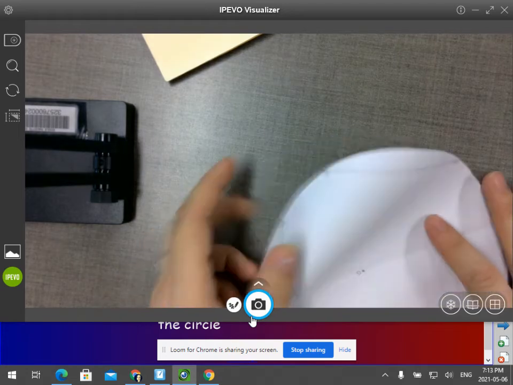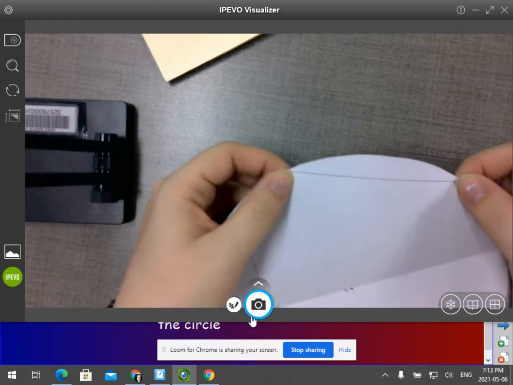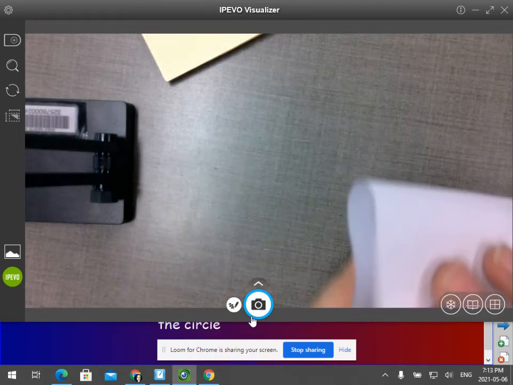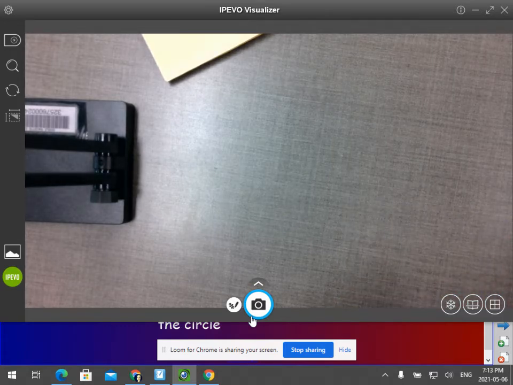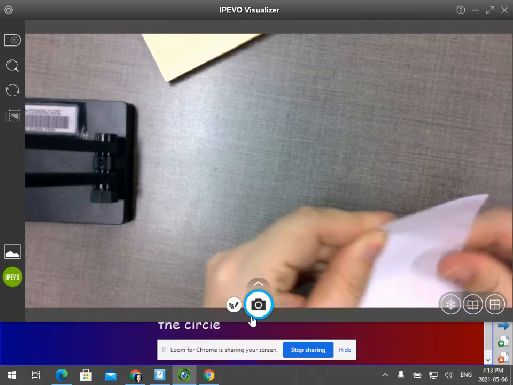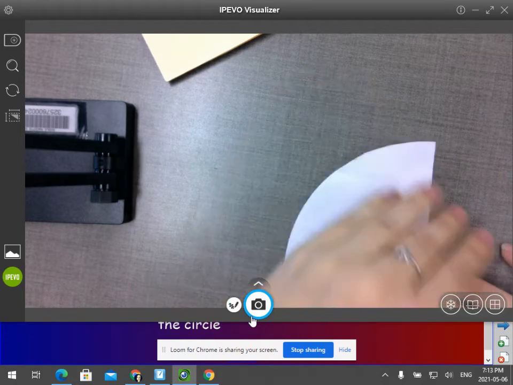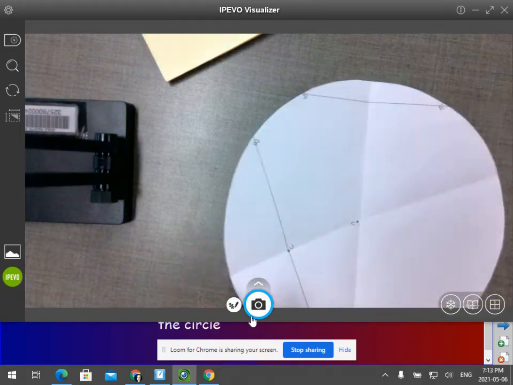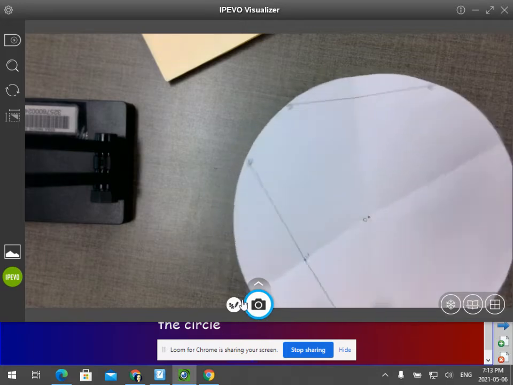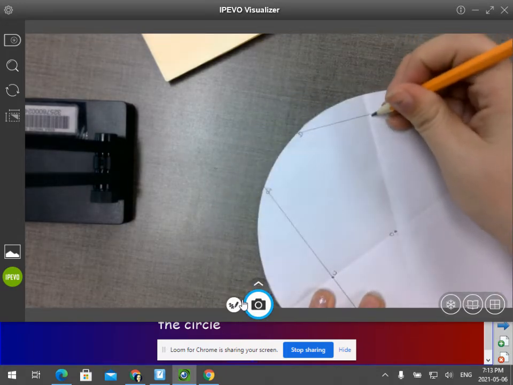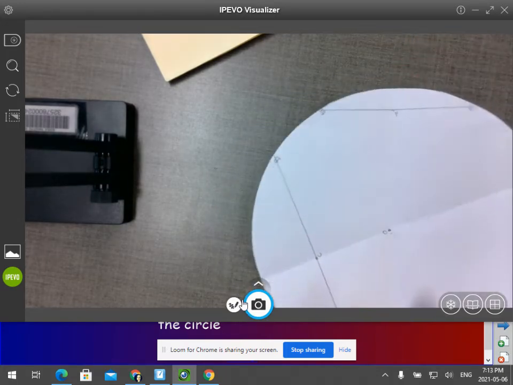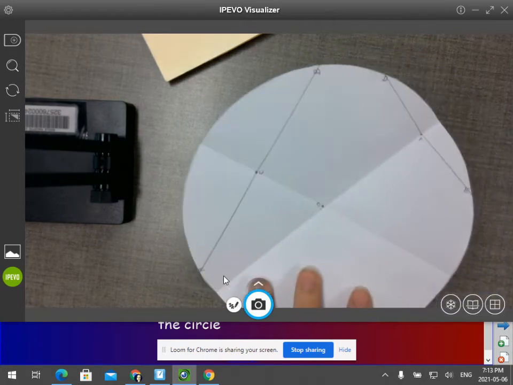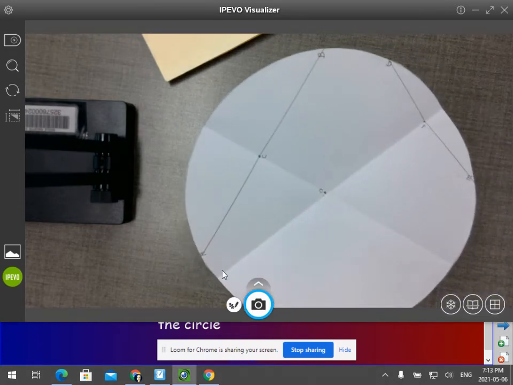And once again, I'm going to fold my circle so that those 2 points land on top of each other. And I would label this one point F. So you can see what this looks like at this time.